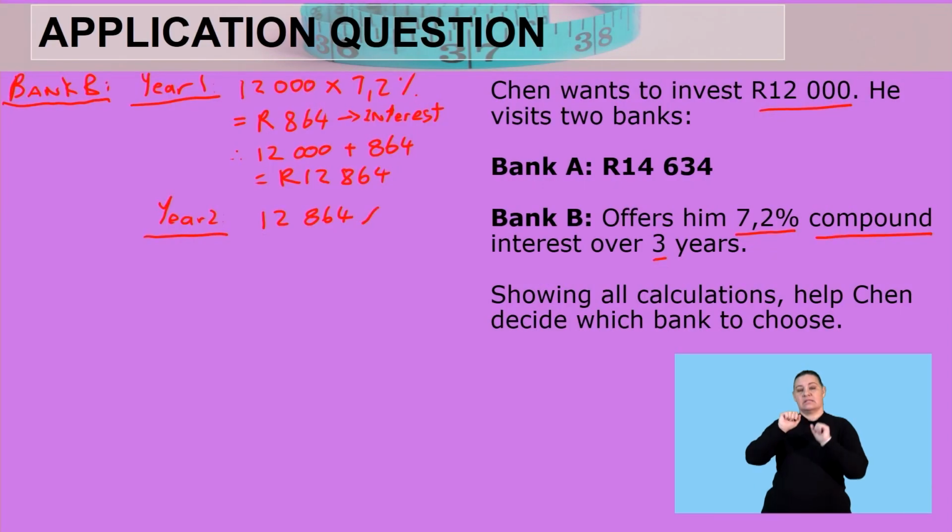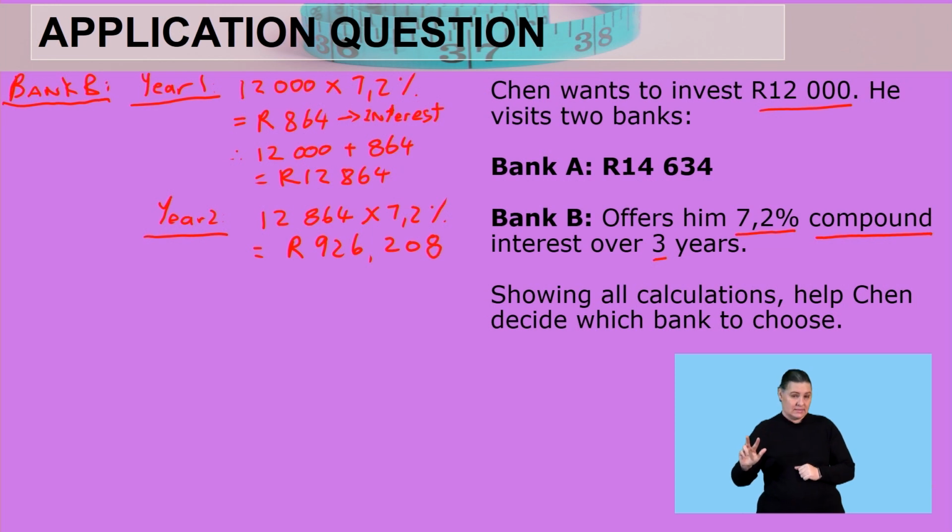We've got to times this by 7.2%. Work out interest again, which I get to be 926.208. Like I mentioned, let's leave all the decimals in play till the very last step.